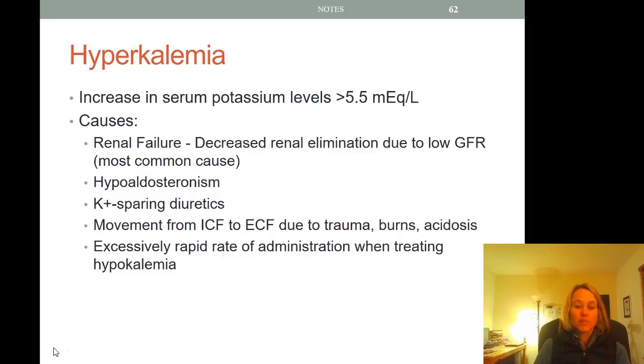Some potassium-sparing diuretics can lead to too high of potassium. Movement of potassium from the intracellular fluid to the extracellular fluid can occur with trauma, burns, acidosis, and excessively rapid rate of administration of potassium when treating hypokalemia.